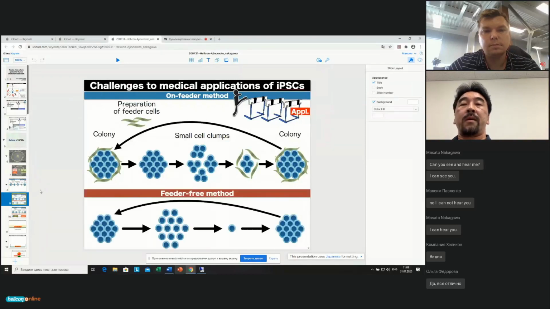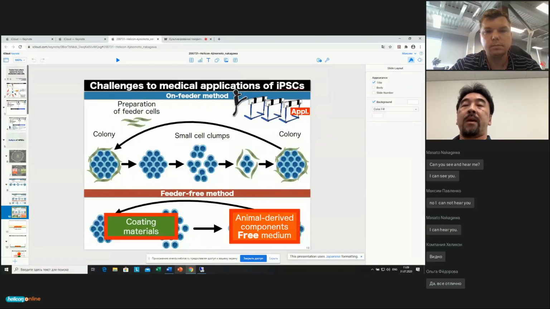So we have started to develop a new culture method as a feeder-free culture method. To achieve the development of this feeder-free method, we needed to develop novel coating materials instead of the feeder cells.